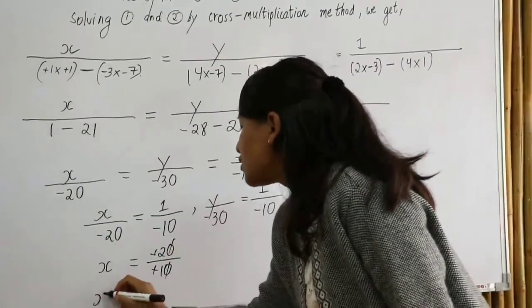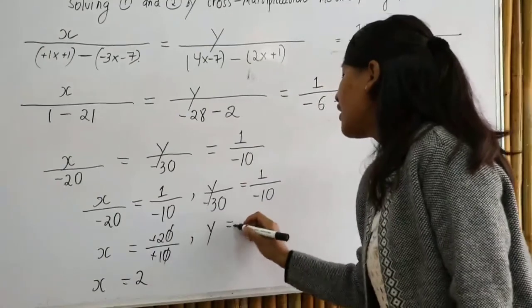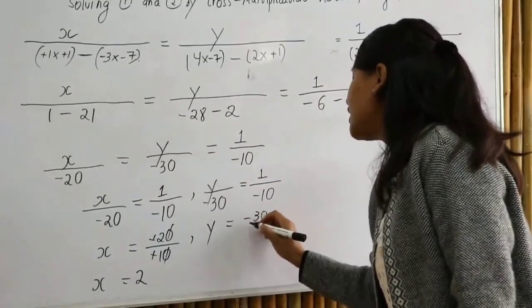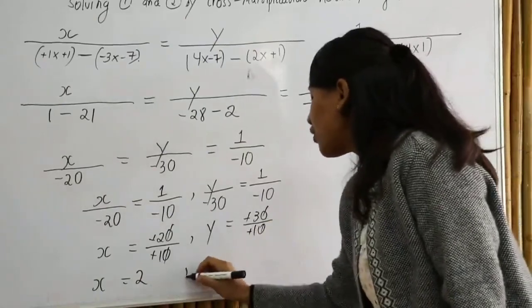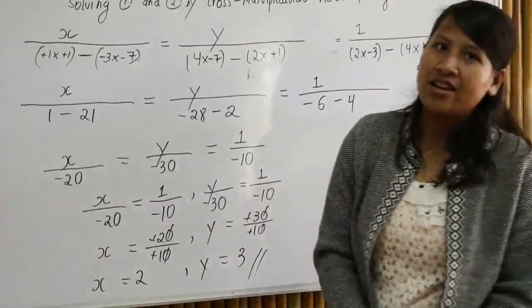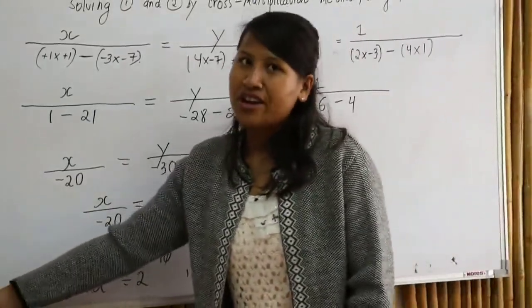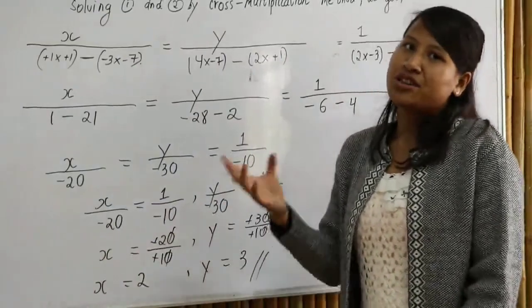So you got x to be 2. And then y, it is minus 30 over minus 10. So y you got 3. So this is the answer. So for elimination also you got x equal to 2 and y equal to 3. For cross multiplication also, you get x equal to 2, y equal to 3.